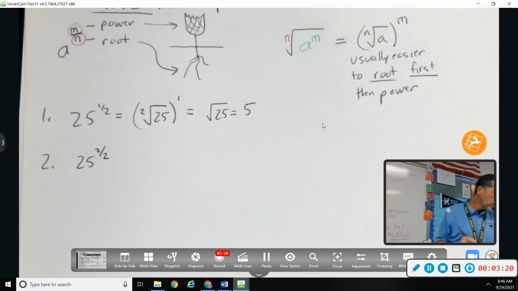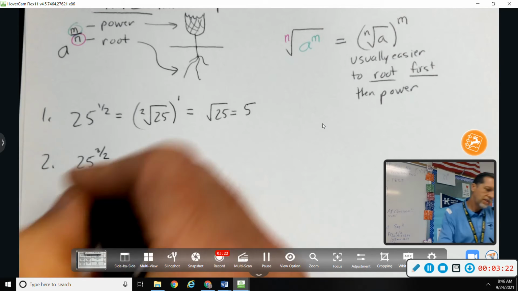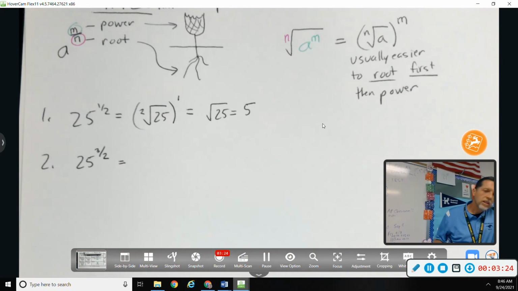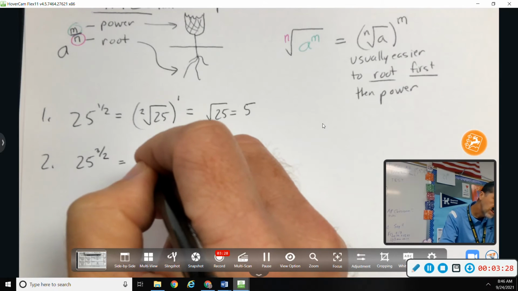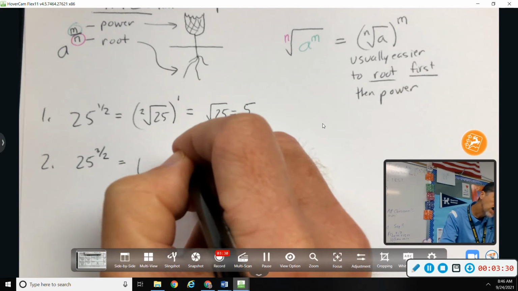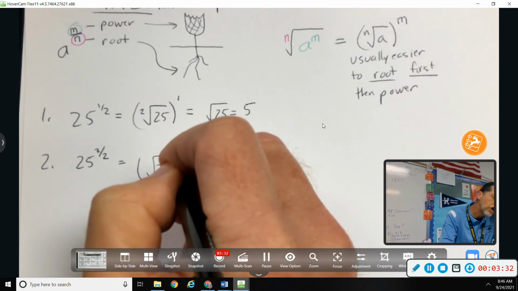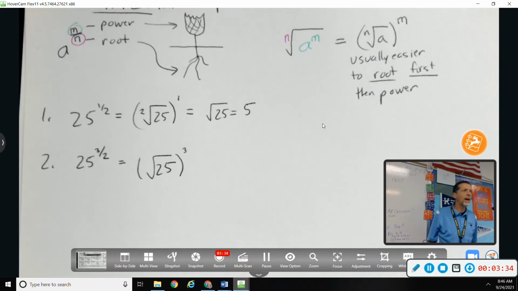All right, how about 25 to the 3/2? So what's the root? You put a 3 on the very outside, and you put a 2 on the square root of it. And if it's a 2 on the square root, I don't need to put a 2 there. It's the understood 2. So the square root of 25, cubed.